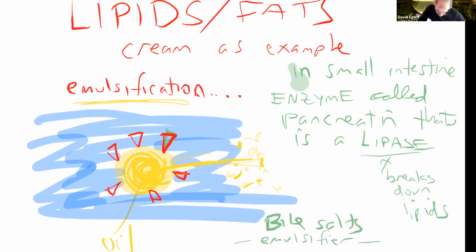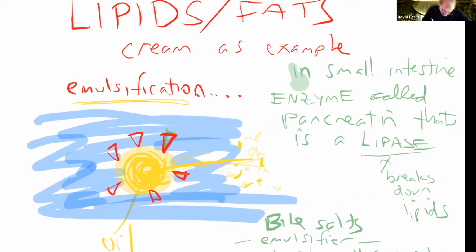So basically, you know, one side polar, other non-polar. Right, amphipathic. You've seen this, like with the phospholipids that make up a cell membrane.